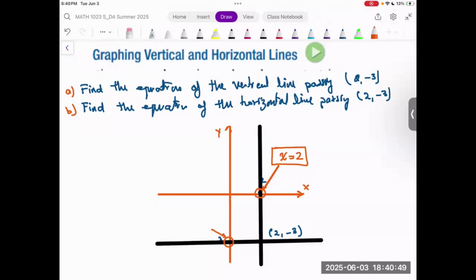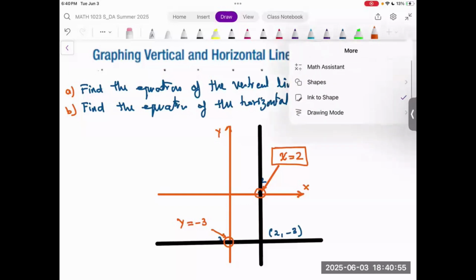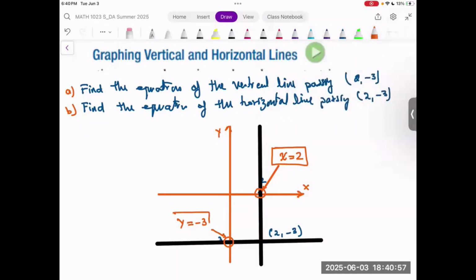So y equals -3. Very good. And that happens to be, again, the equation of the horizontal line. Simple. Graph it, and the graph is going to tell you what the equation is. Do not use any other method. Even if I have an equation, I wouldn't use any other method, right?